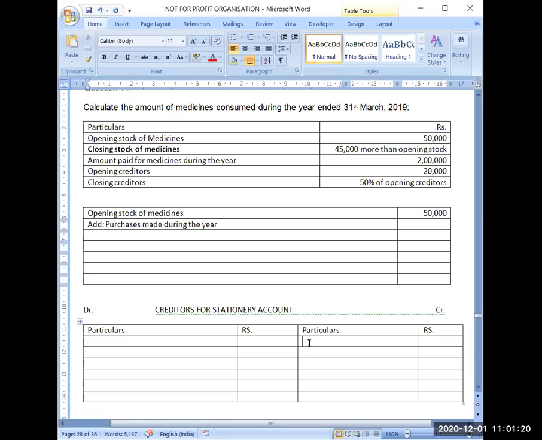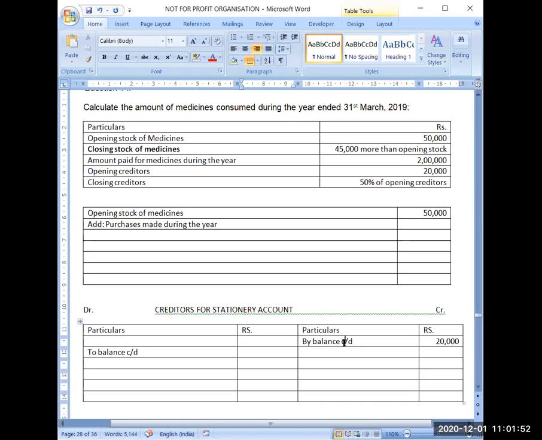Let's see. Creditors account always has a credit balance. So here we will write by balance carried down, and the opening balance of creditors is 20,000. Then we will write the closing balance, to balance carried down.